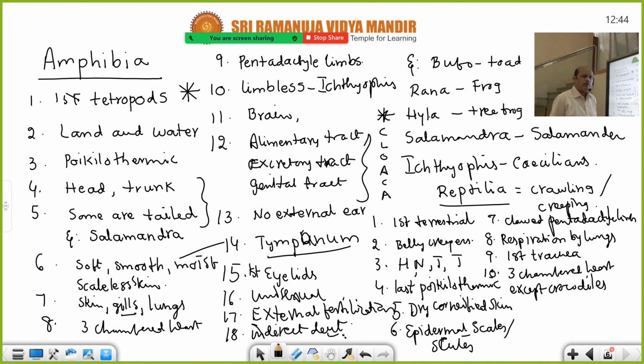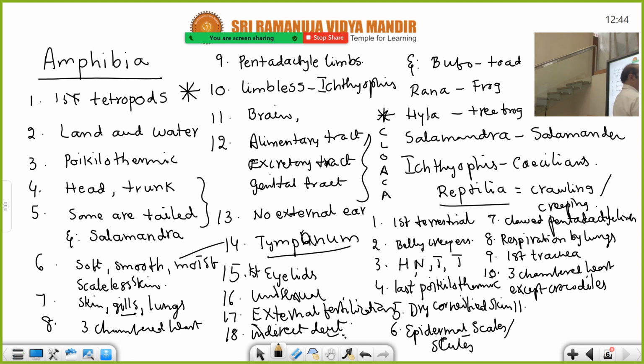So this bit is also asked like this: cold-blooded four-chambered heart. Like that they will ask. So last cold-blooded vertebrates, reptiles. Reptiles with four-chambered heart, crocodiles. So cold-blooded four-chambered heart found in the crocodiles.